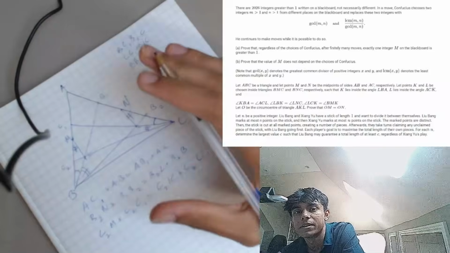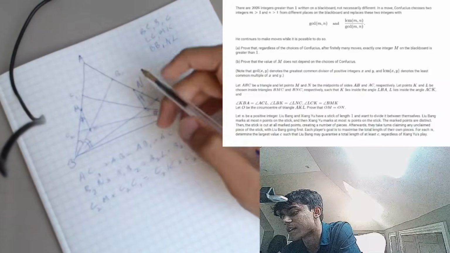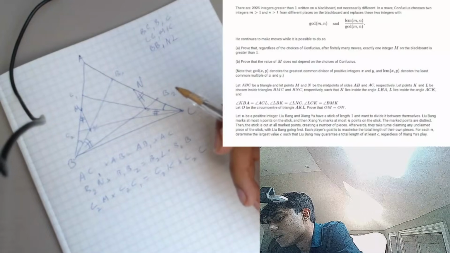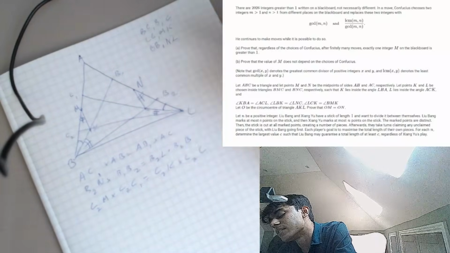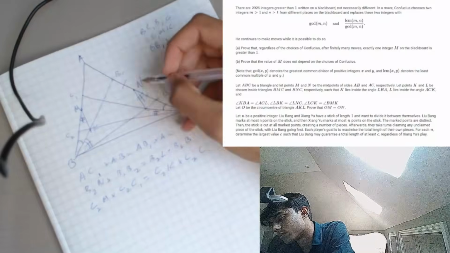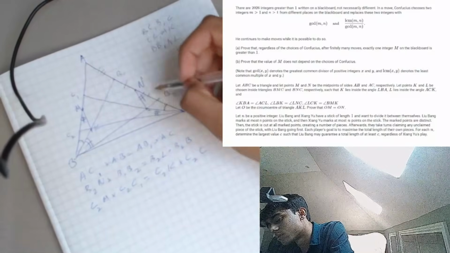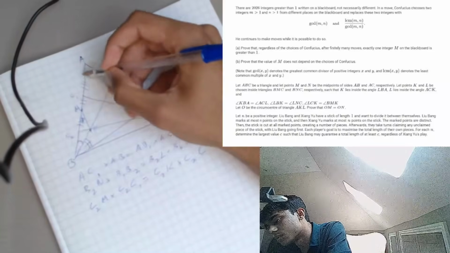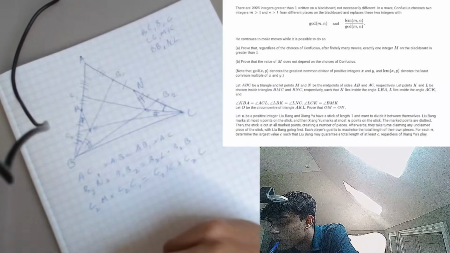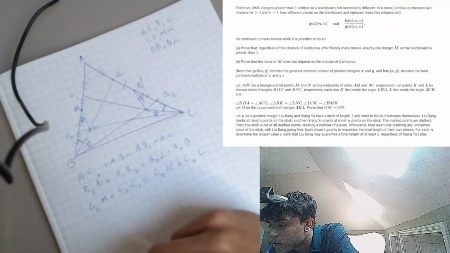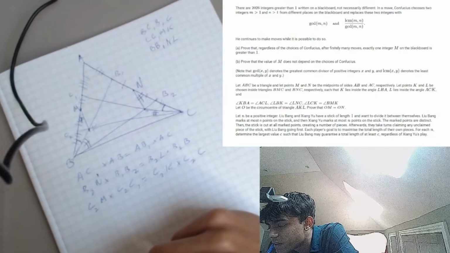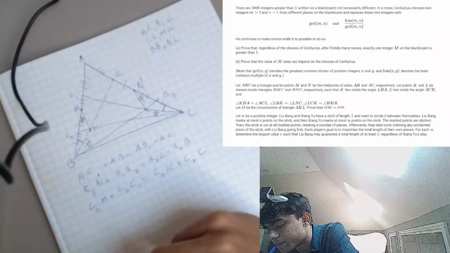At least looking at my diagram, it kind of looks like N is the midpoint of B1B2 as well. Okay, let's suppose that's true. Then what do we have?